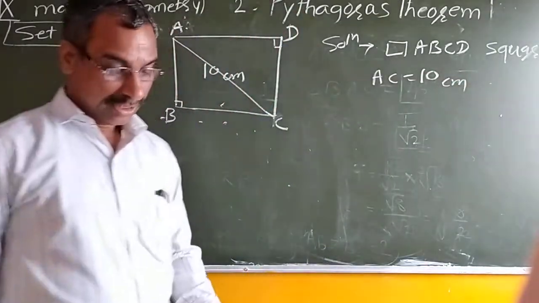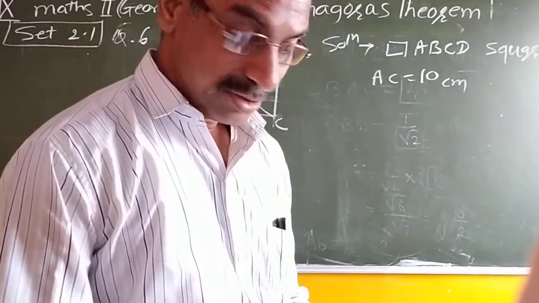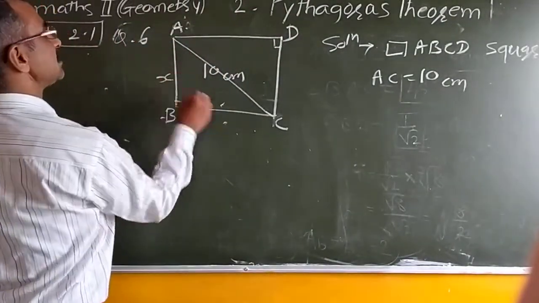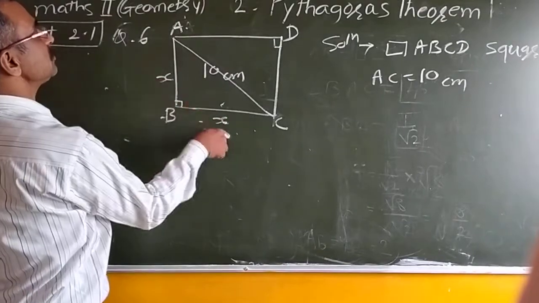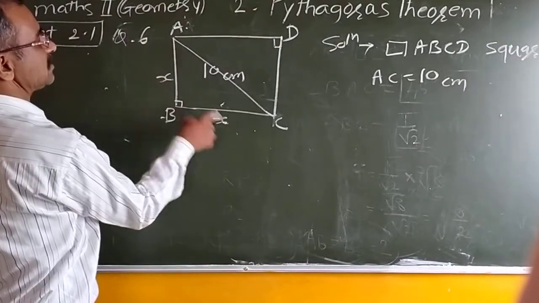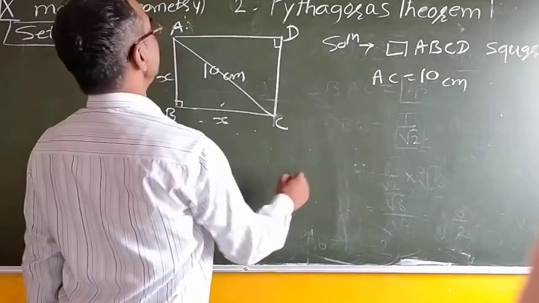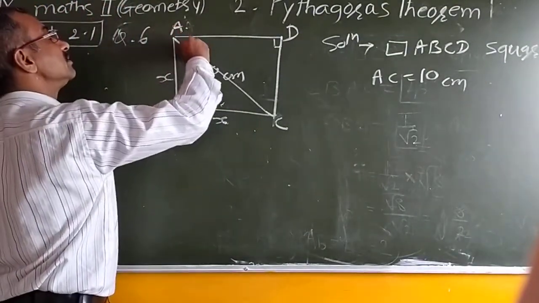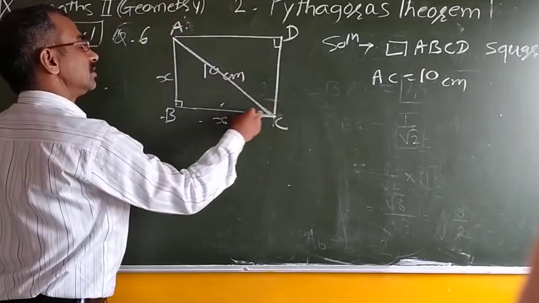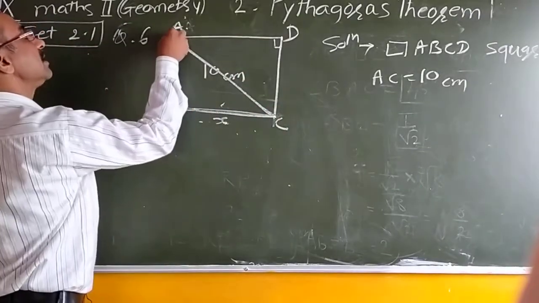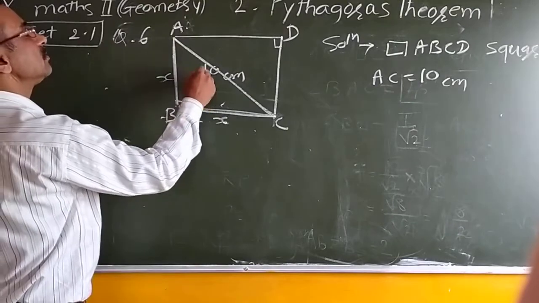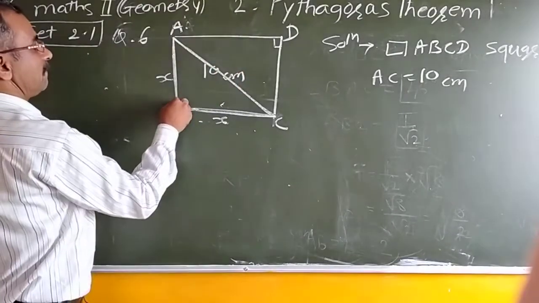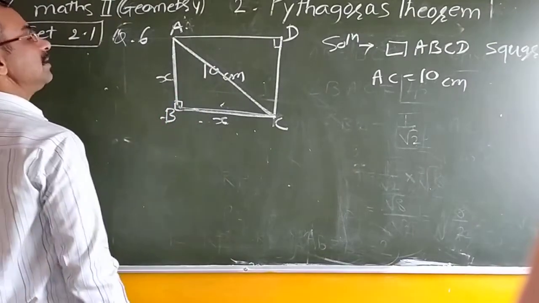We are finding these sides, so suppose we consider these sides as x. This is a right angle triangle, because by the diagonal two triangles are formed, and one of them is the right angle triangle.